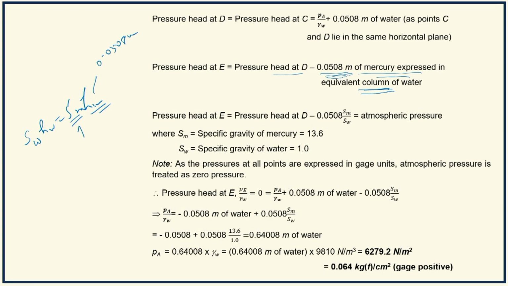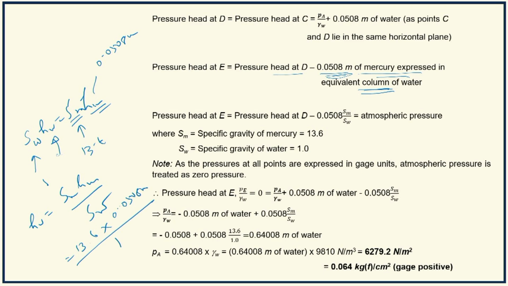SM is 13.6, the specific gravity of mercury. HW is what we want, the equivalent pressure head in column of water, and SW is 1. Therefore HW is equal to SM HM divided by SW, so 13.6 multiplied by 0.0508 meter divided by 1, that is 0.0508 meter into SM by SW.